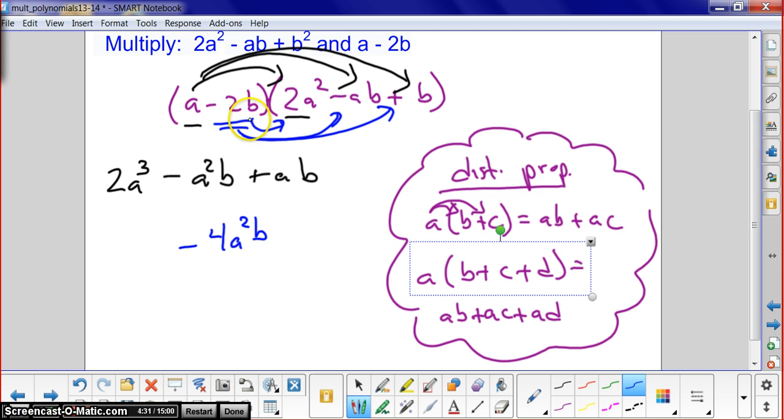Now I'm going to do negative 2b times negative ab, so that's going to be a positive ab squared. I don't have any other of those, so I'll put that all the way over there to the right. And then lastly, this negative 2b times positive b is negative 2b squared. Don't have it anywhere else either.